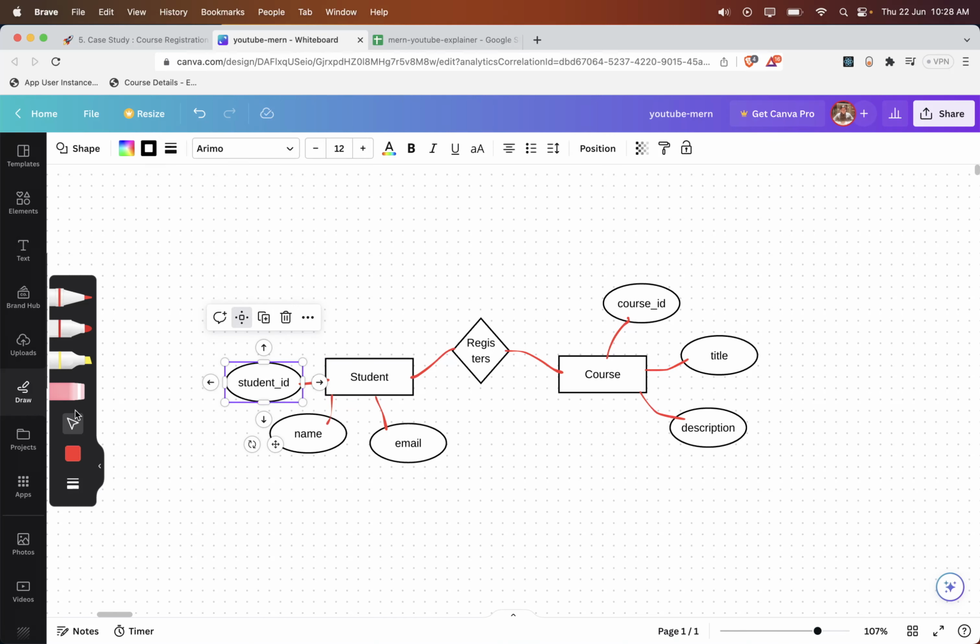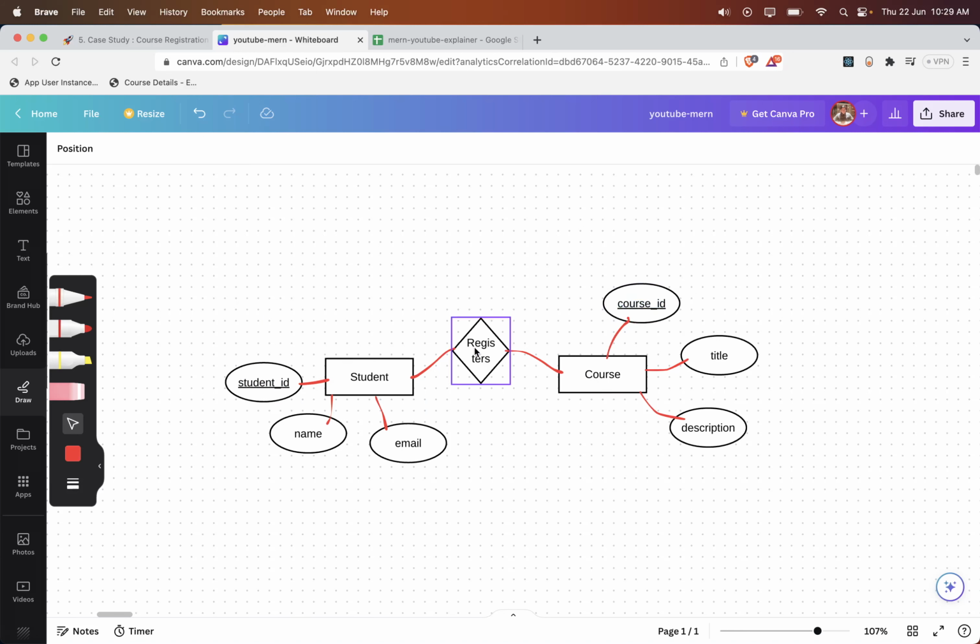I have drawn one oval: go to elements, you will get a circle, make it oval. Student ID is a primary key, and this is also a primary key. And can you see there is a relationship, student registers for the course.